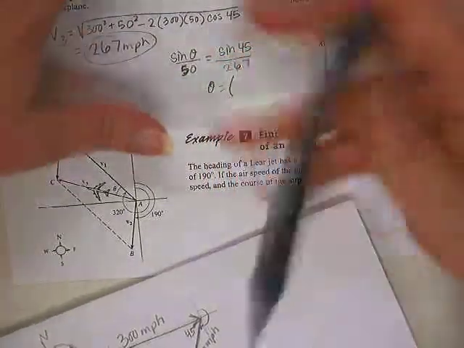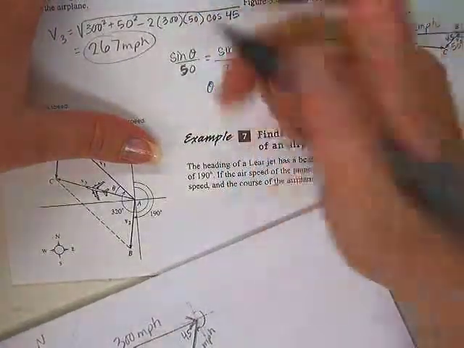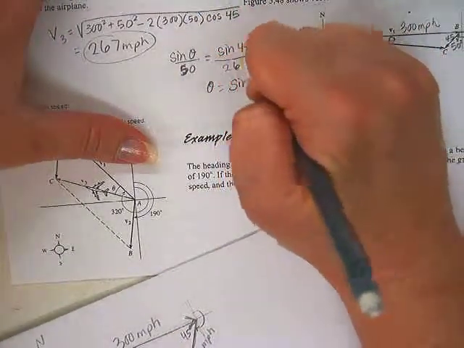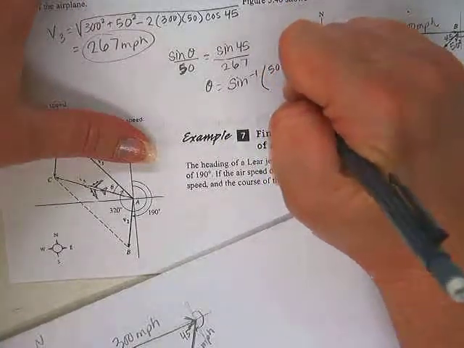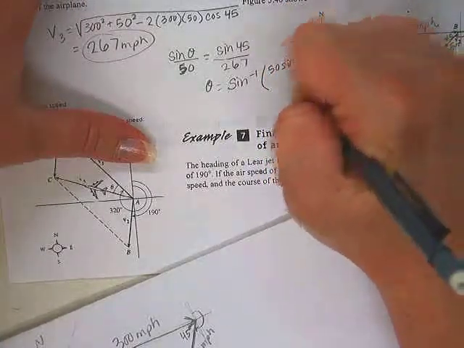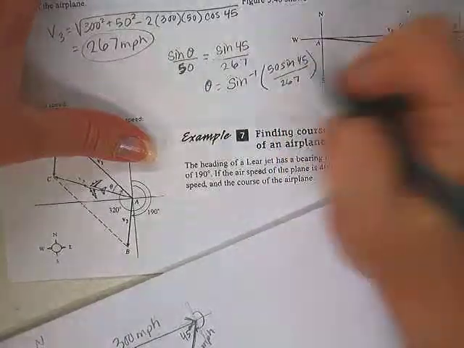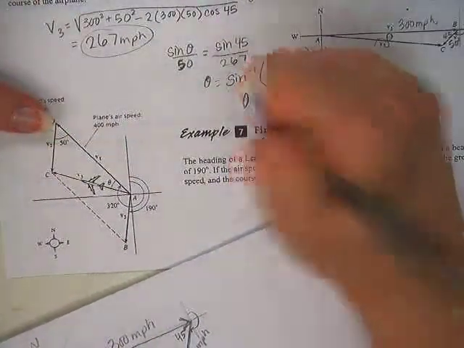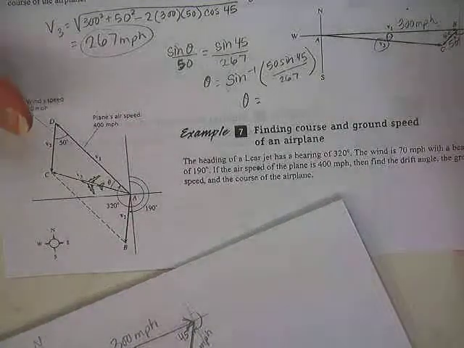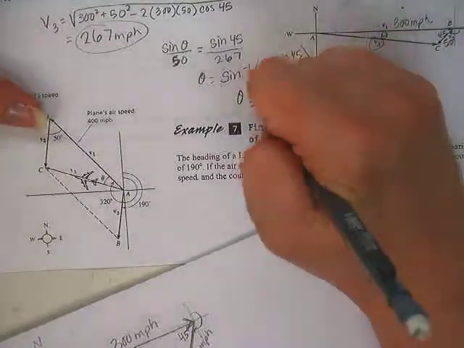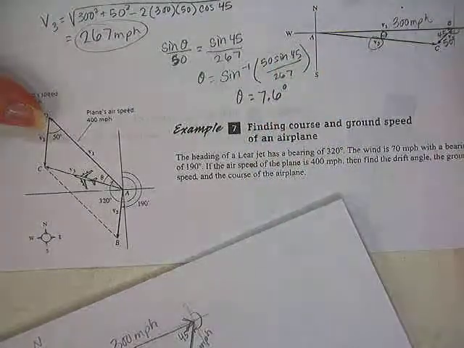Okay, so we're going to have to use our rounded answer. I think so. Okay, so sine of 45 over 267. So then we cross multiply. So theta is the inverse sine of 50 sine 45 divided by 267.